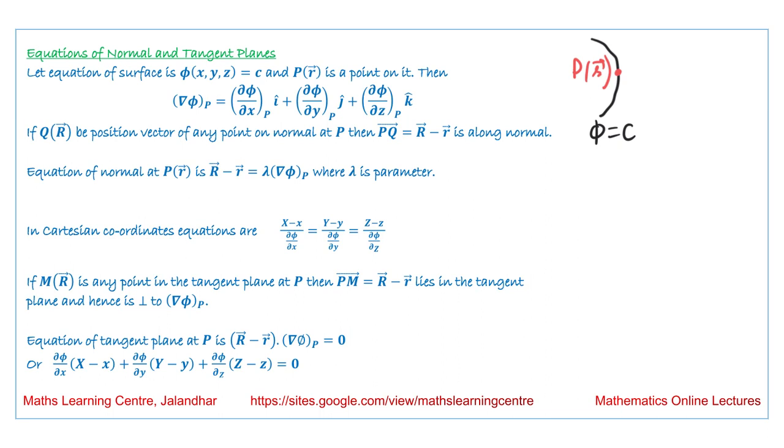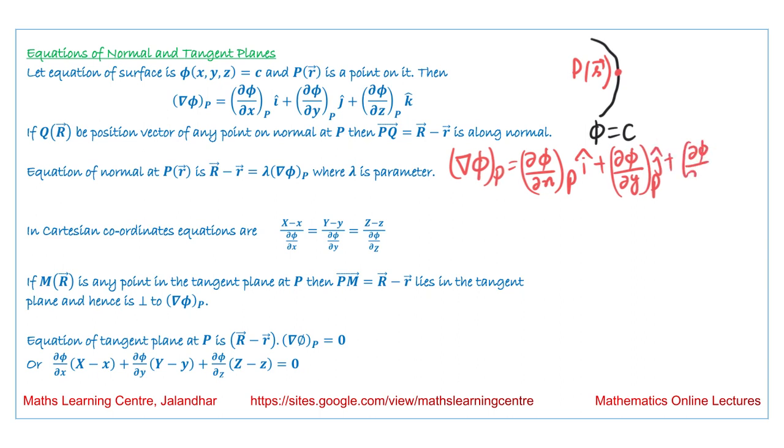Then the gradient of phi at P is equal to curly phi by curly x at P i cap plus curly phi by curly y at P j cap plus curly phi by curly z at P k cap. This is the gradient of the function phi at the point P.